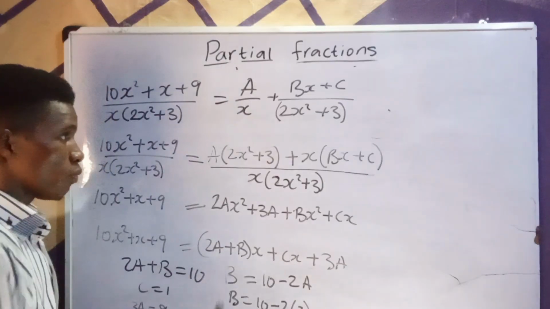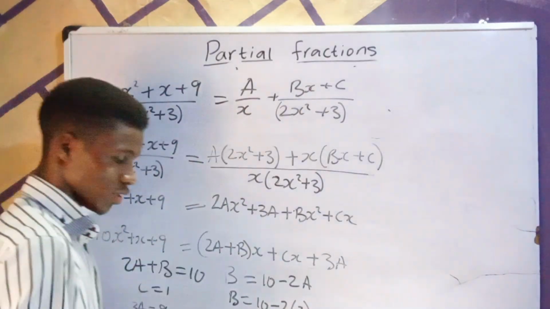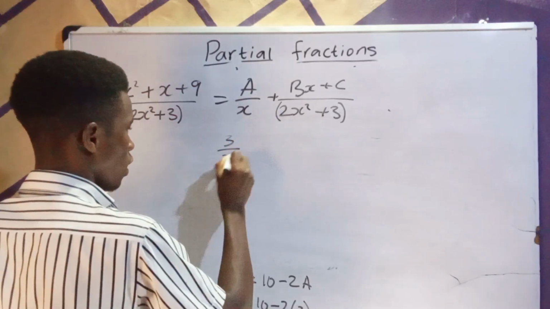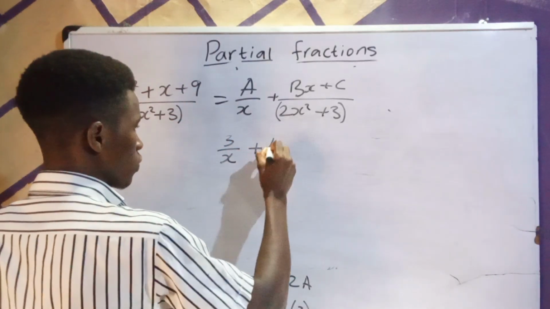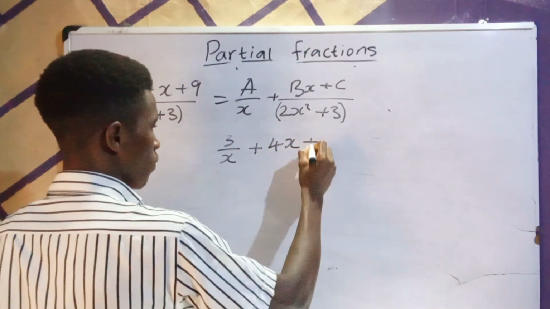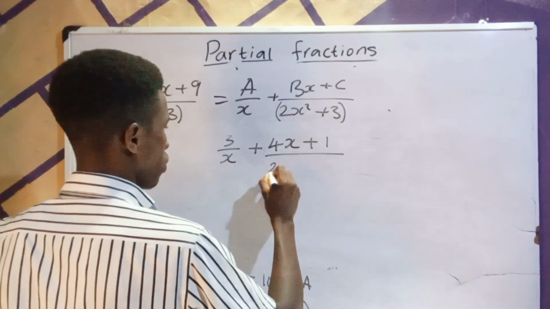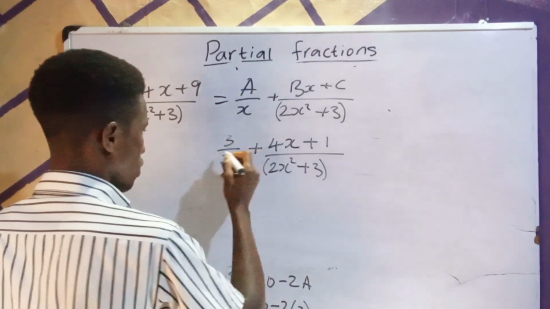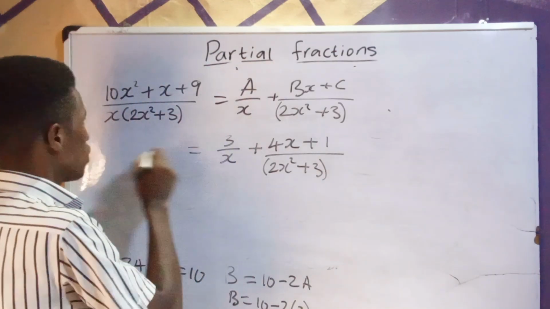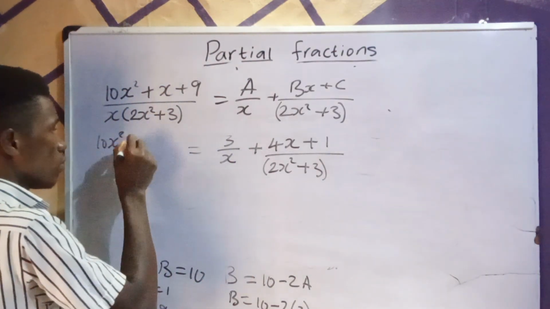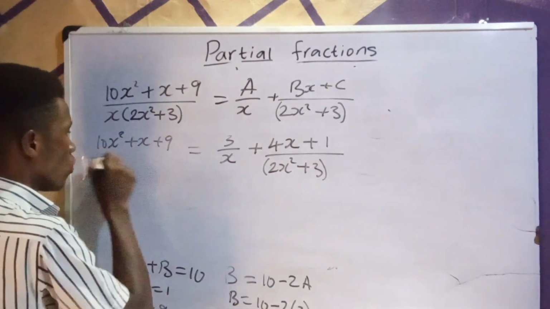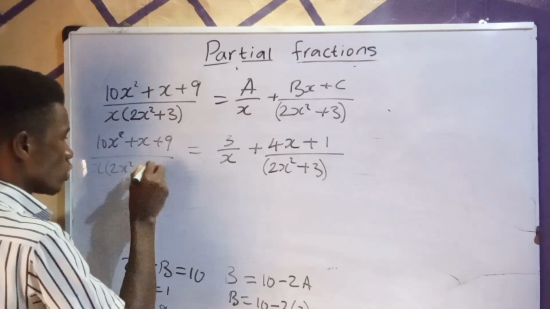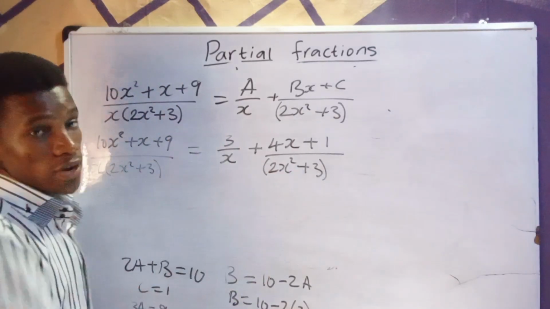So we substitute it here. When we substitute the values, we have 3 over x plus 4x plus 1 over 2x squared plus 3. So this is the partial fraction for 10x squared plus x plus 9 over x into 2x squared plus 3.